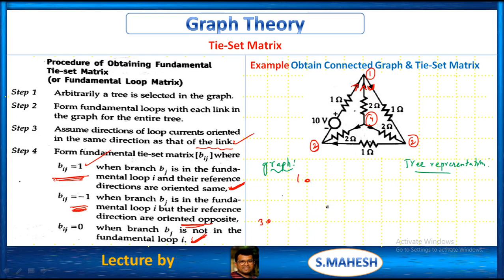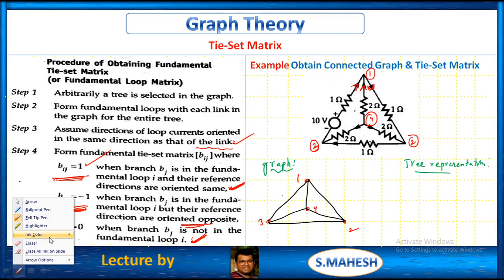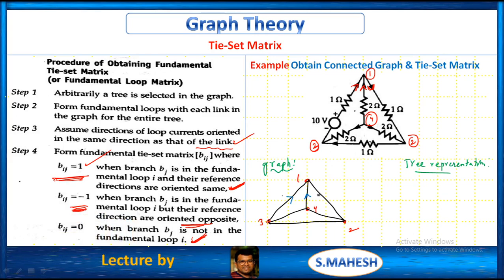Completed. Just connect 1 and 4, and then this is a simple graph. If we have current direction, that is what? An oriented graph. So this is the direction, direction, direction.